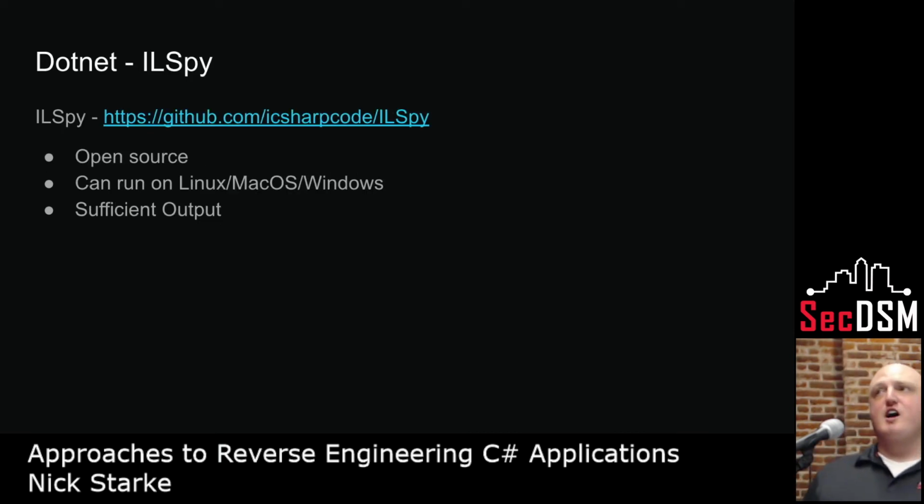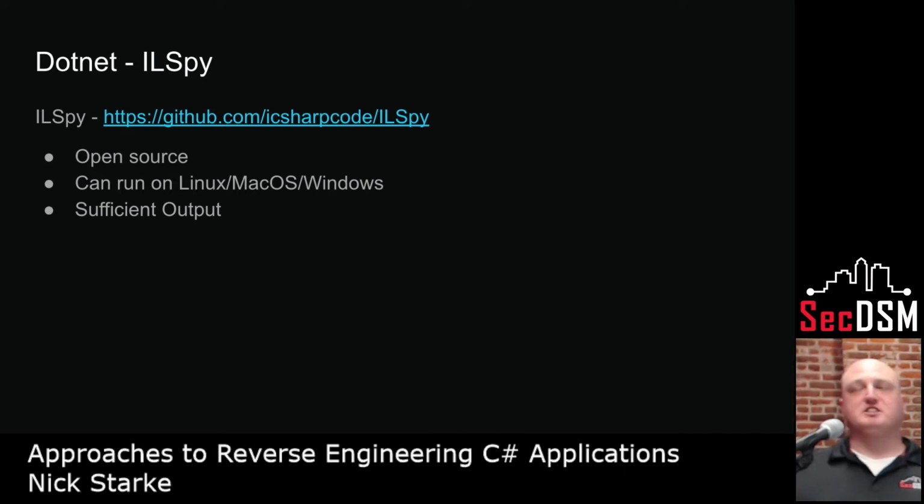So I want to talk a little bit about the tools that people use to reverse engineer .NET apps. We're going to look at 2 tools for server-side applications and then a couple tools for client-side applications. So the first application I see used most often with .NET reverse engineering is called ILSpy. Now, ILSpy is preferable to many security professionals because it's open source, and it can run on Linux, Mac OS, and Windows.